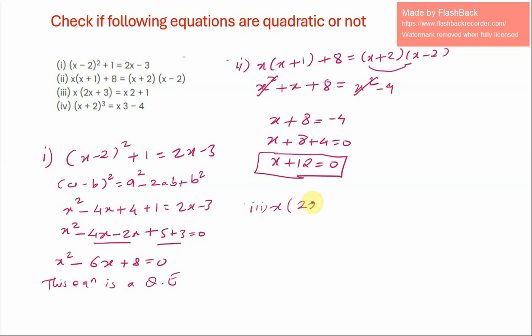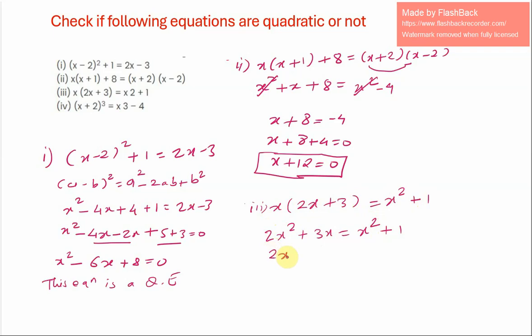x multiplied by (2x plus 3) equals x square plus 1. So after simplification, we get 2x square plus 3x equals x square plus 1.